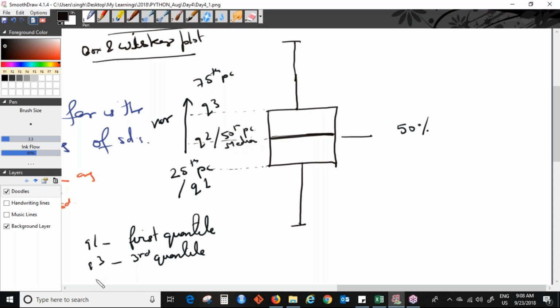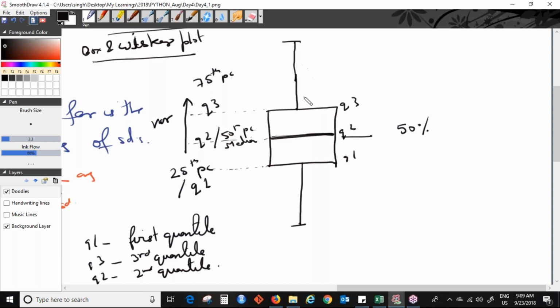So Q2 is the 50th percentile or second quantile. This is Q3, this is Q2, and this is Q1.